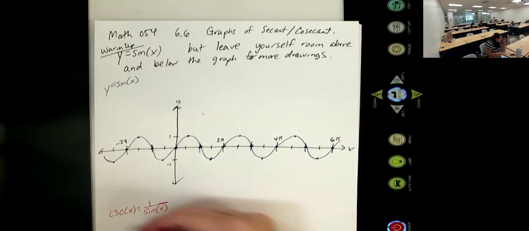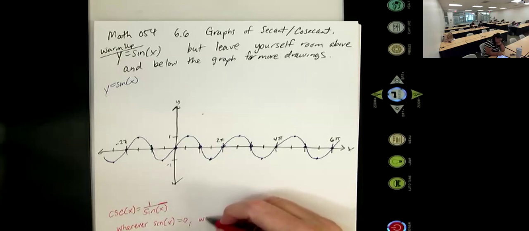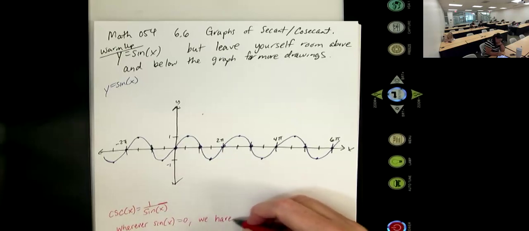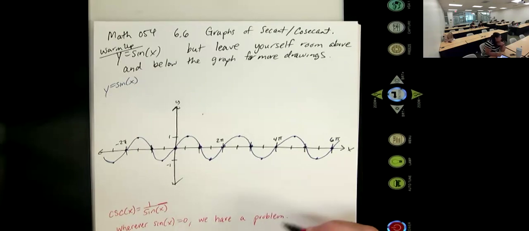But wherever sine x equals 0, we have a problem. Because cosecant x is then at that point 1 over 0 and it's undefined.